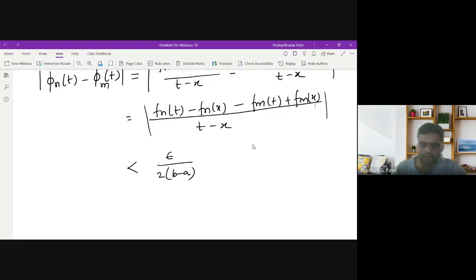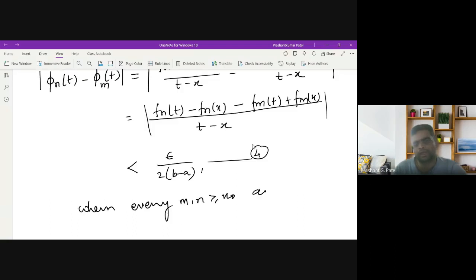I will call this statement number 4, and this is true for every m and n greater than or equal to n0 and every t belongs to [a, b].